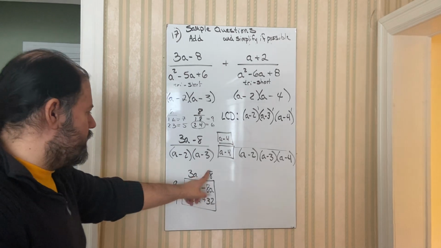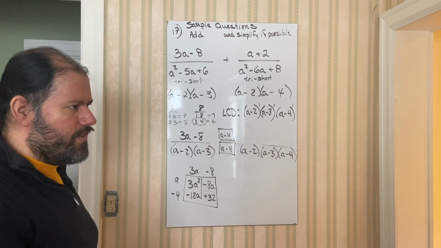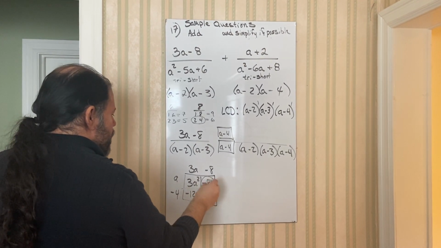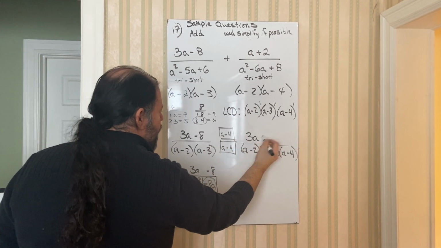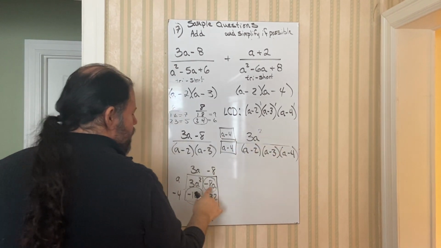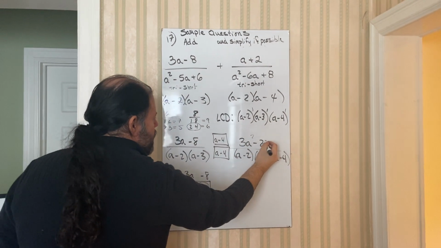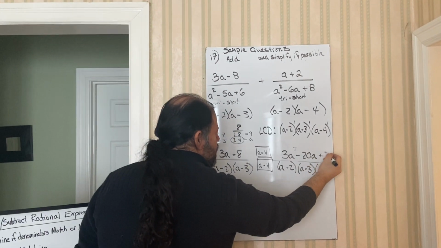Remember, negative times negative, negative times positive. Remember, multiply the coefficient and the constant. And then you know that these are like terms. So for this corner, it would be 3a squared, negative 8, negative 12, means I have negative 20 of those single a's, and then the positive 32.